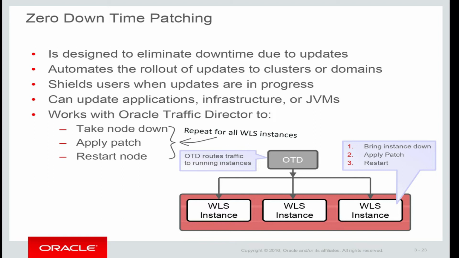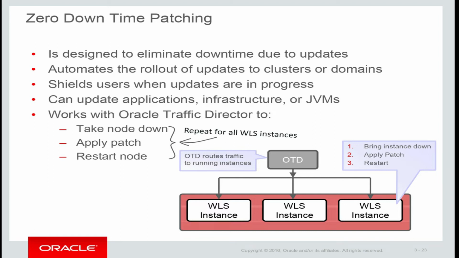We use all the fancy components like at least two WebLogic instances, a cluster, two physical machines, a firewall, a proxy, or a load balancer. These fancy things are required to do your zero downtime patching. Otherwise, you can do it, but it will not have an effect.